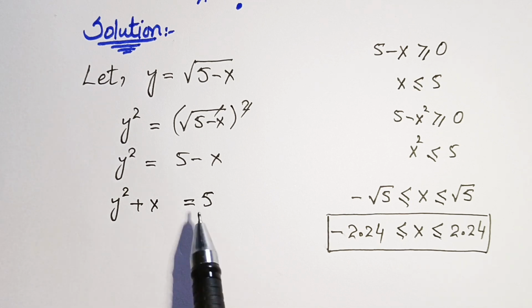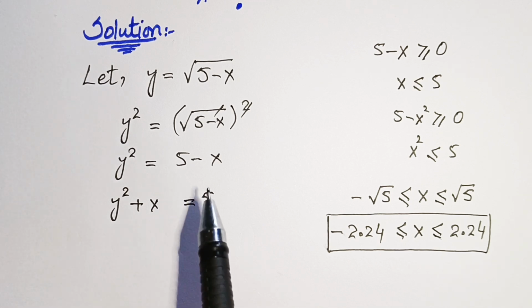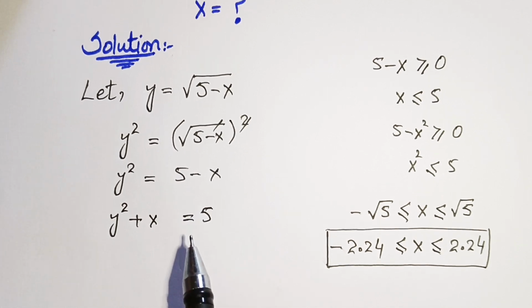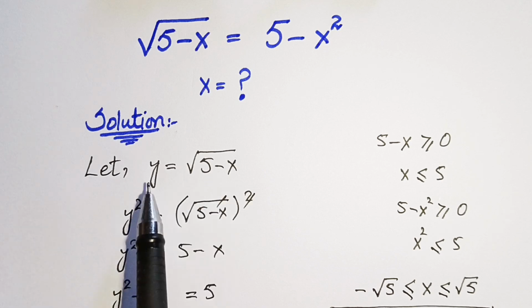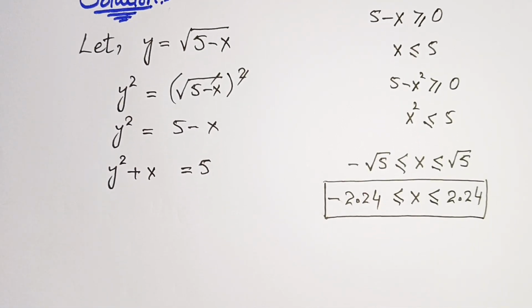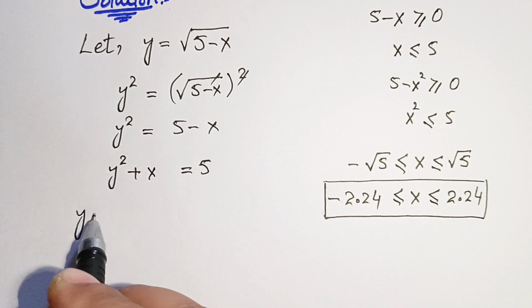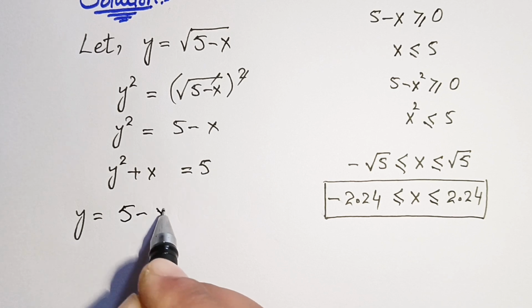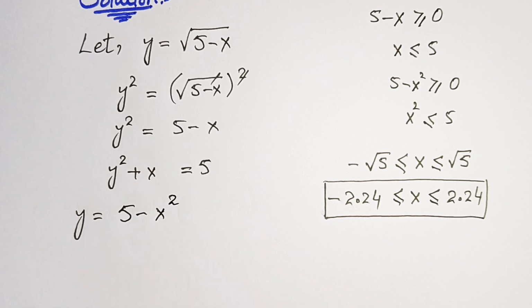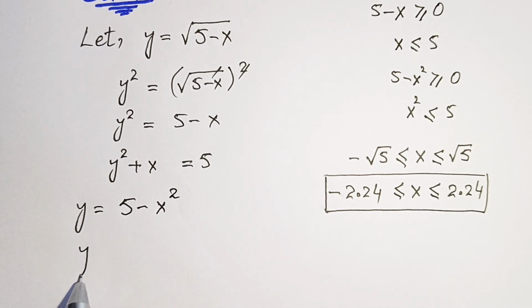Now substituting these values in our problem, we have square root of 5 minus x, and square root of 5 minus x is equal to y. So y is equal to 5 minus x squared.